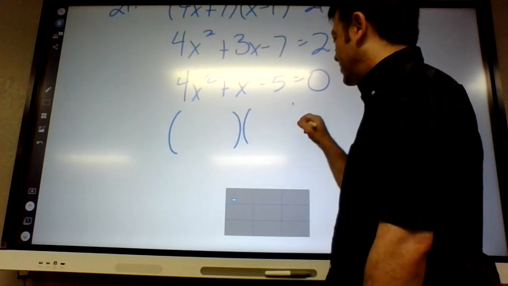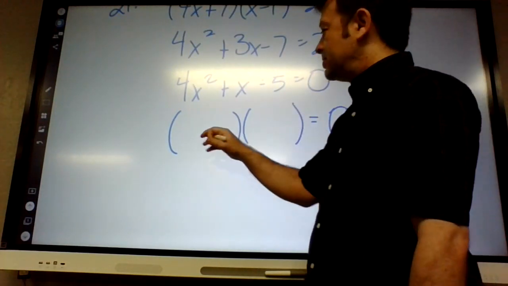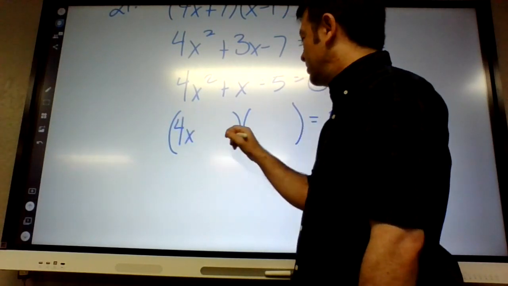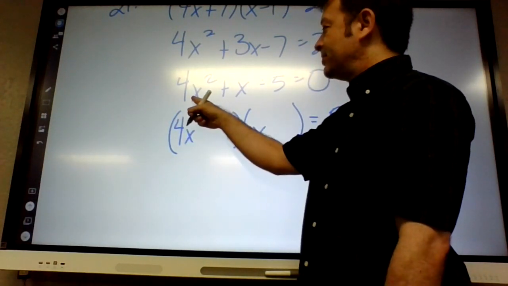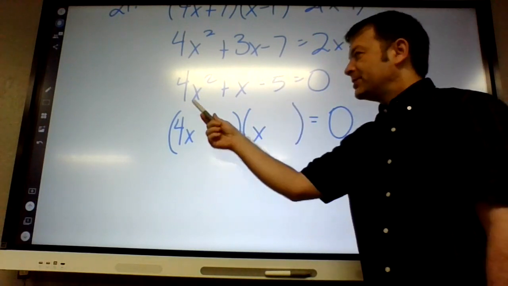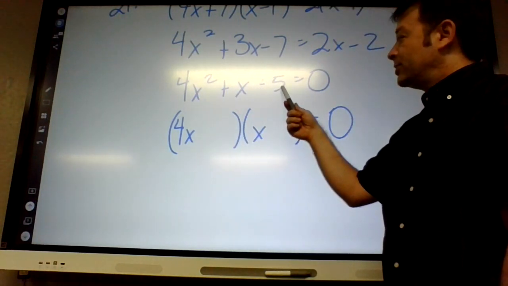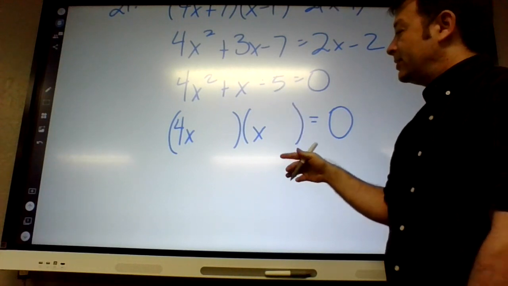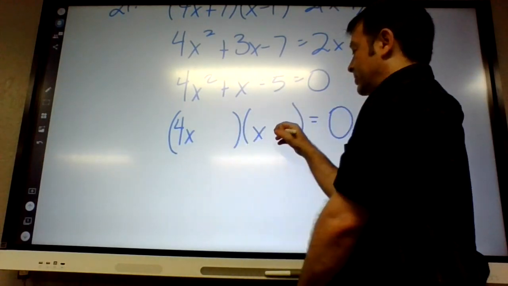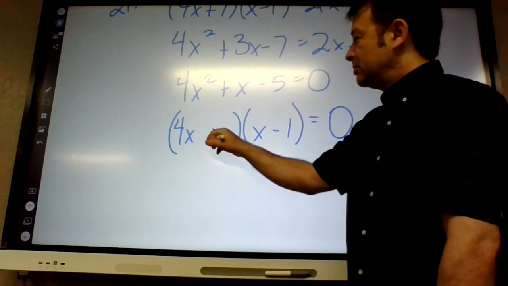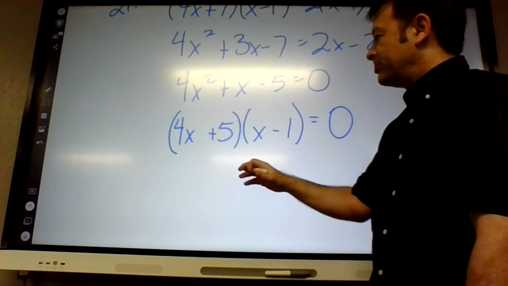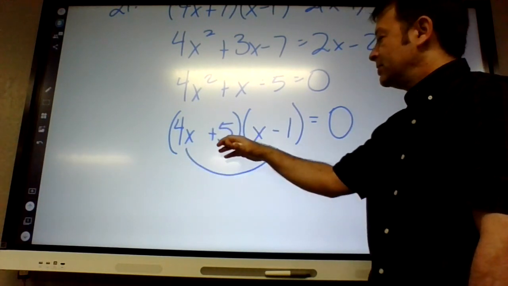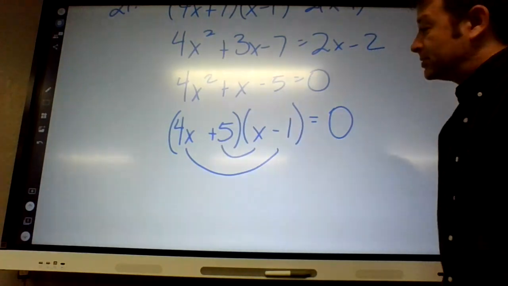So I'm going to go ahead and factor this one. 4x times x goes into that. 2x and 2x won't work. And then 5 and 1, right? But one of them has got to be negative, and I want the negative to go with the 4x. I'm going to put the negative right there. Remember how to check it: the outside plus inside should equal 1x.